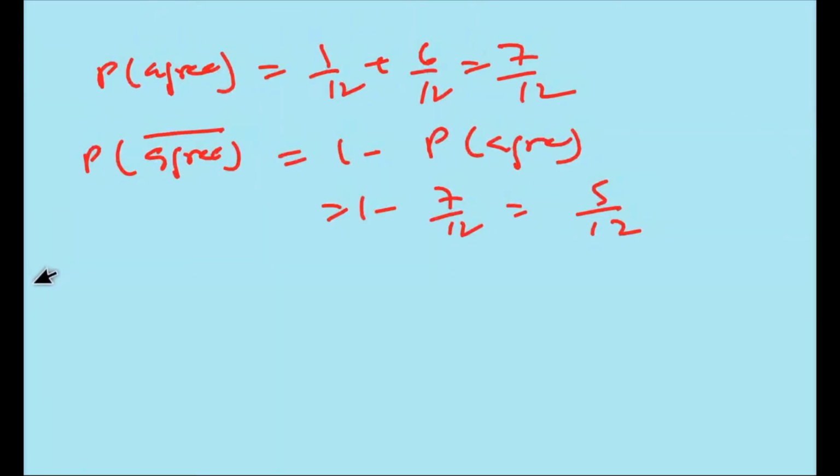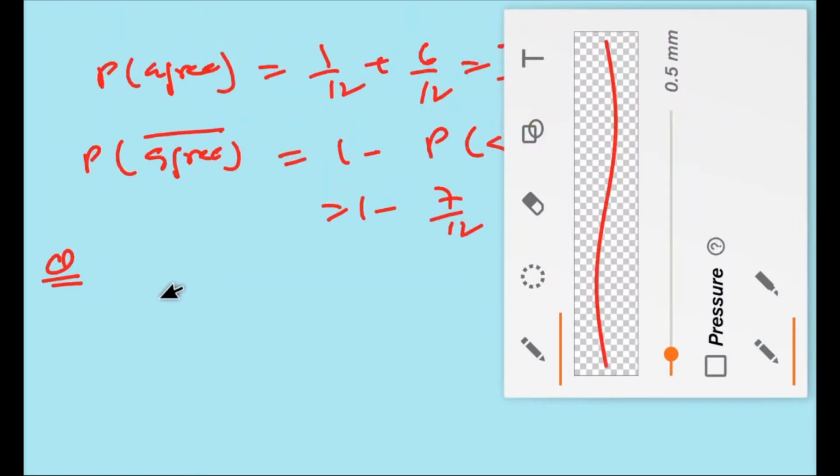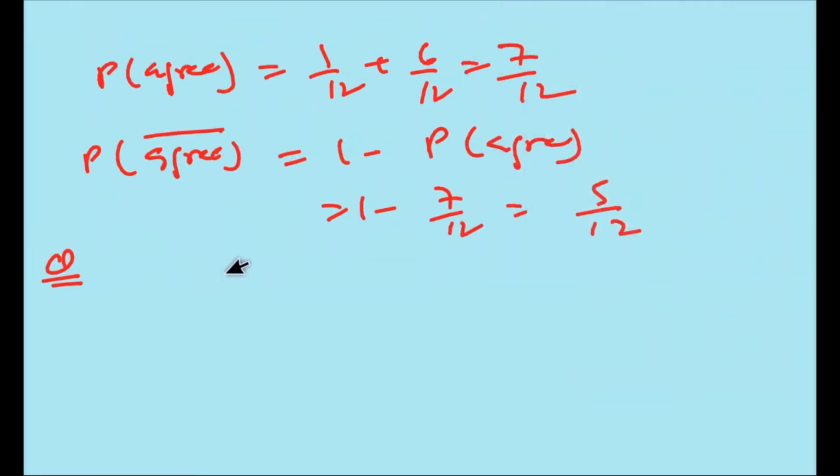Now I want to describe one very important question. Here are 9 persons, in which 4 are boys and 5 are girls.